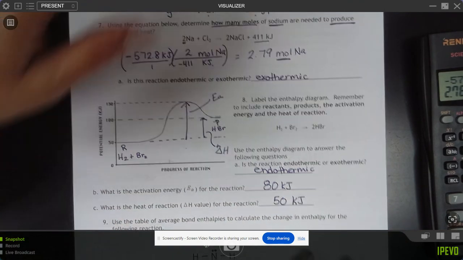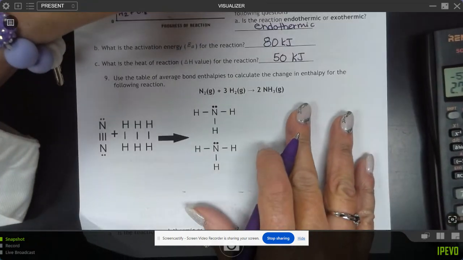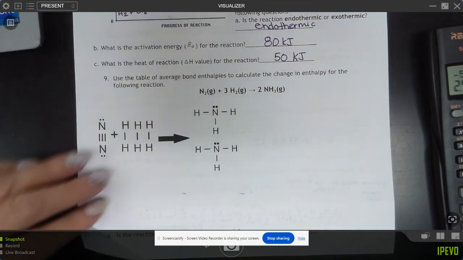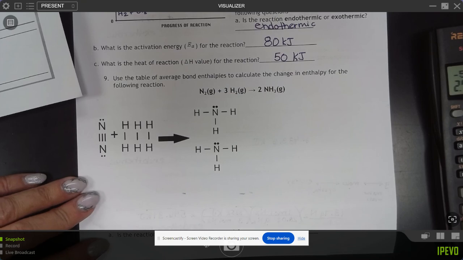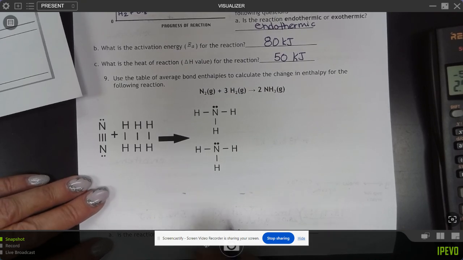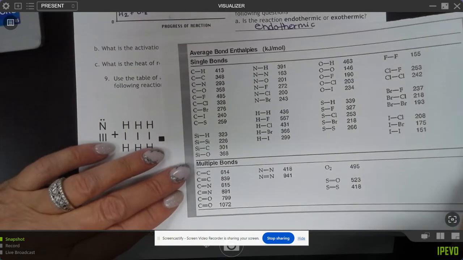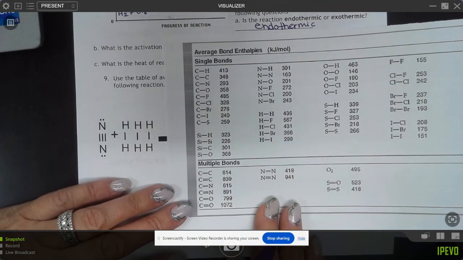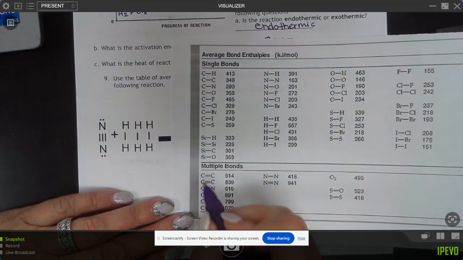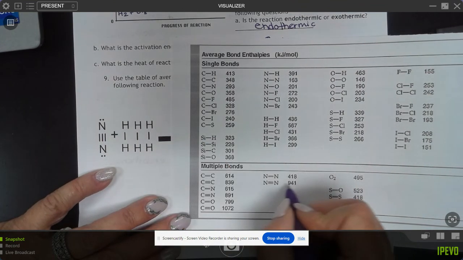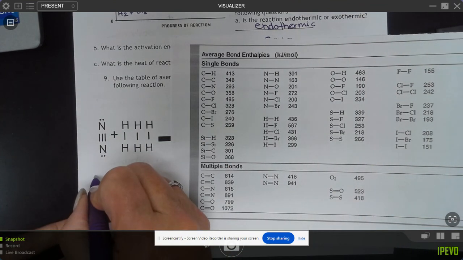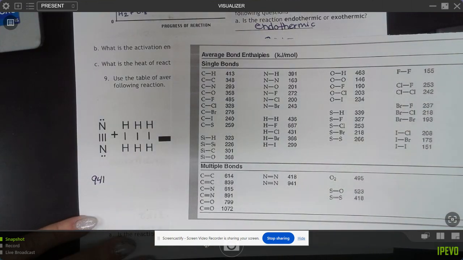And then finally, the last question on this quiz was to calculate the delta H, to calculate the change in energy. And for this, you've got to look at our average bond enthalpy. If I look here, I have a nitrogen triple bonded to a nitrogen. So that's going to be 941, and I've just got one of those.